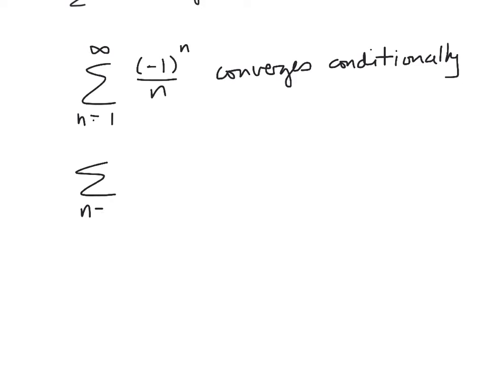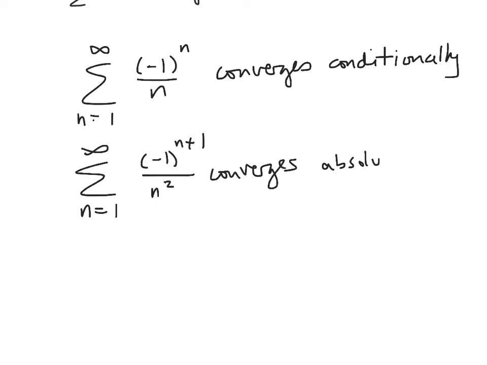But the sum from n equals 1 to infinity of -1 to the n plus 1 over n squared converges absolutely. So what I'm going to do is work two examples, and then I'm going to give you several examples to work at home that you'll need to submit with your notes for grading.